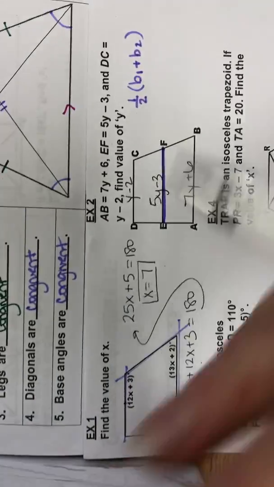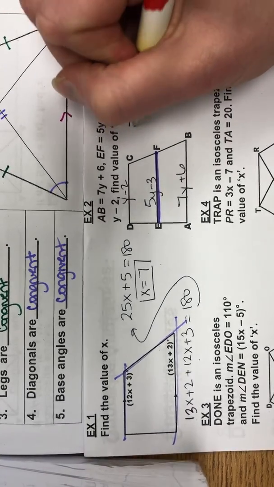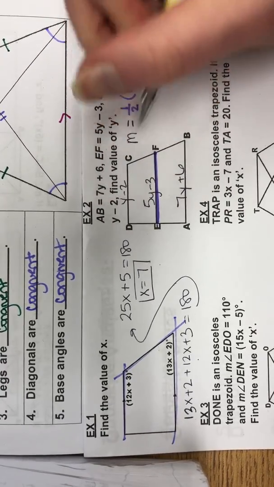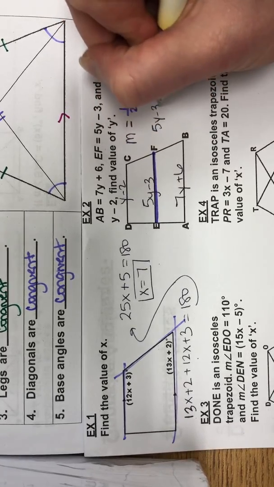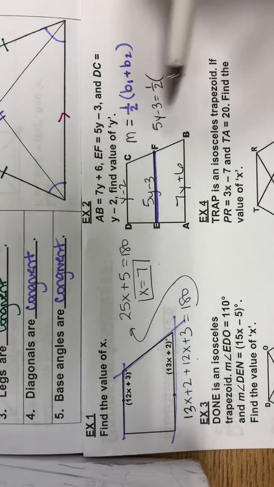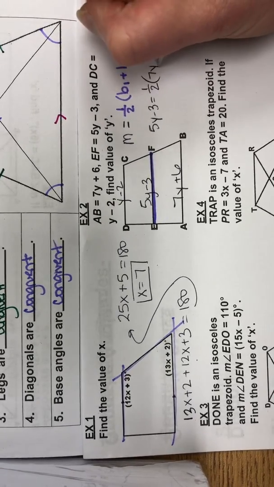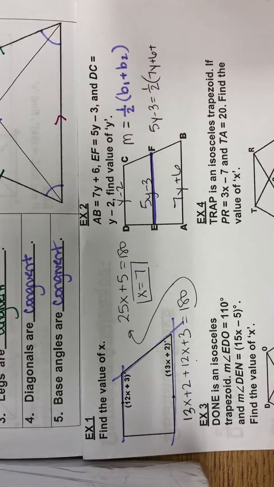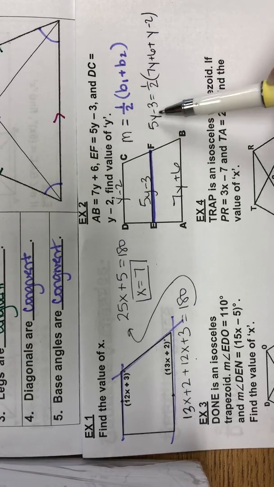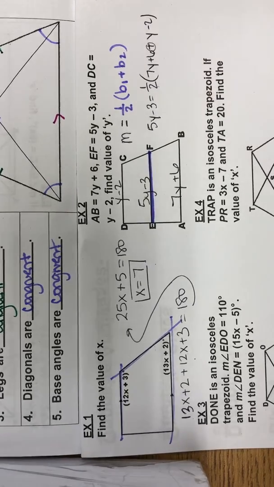The median is 5y minus 3, the middle, equals 1/2, and then we add our bases together. 7y plus 6 is one base, plus the other base, y minus 2. So again, the median, middle, equals half the bases added together.